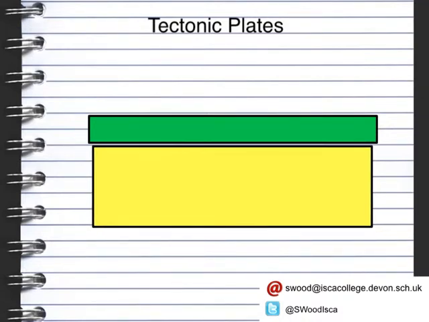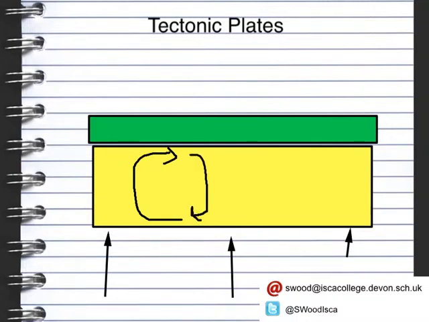Now, this is liquid, and what we've got coming from underneath is heat coming from the core of the Earth. What this means is we have varying different temperatures below the Earth, and this means that we get convection currents. You'll have probably done these in one of your physics topics.